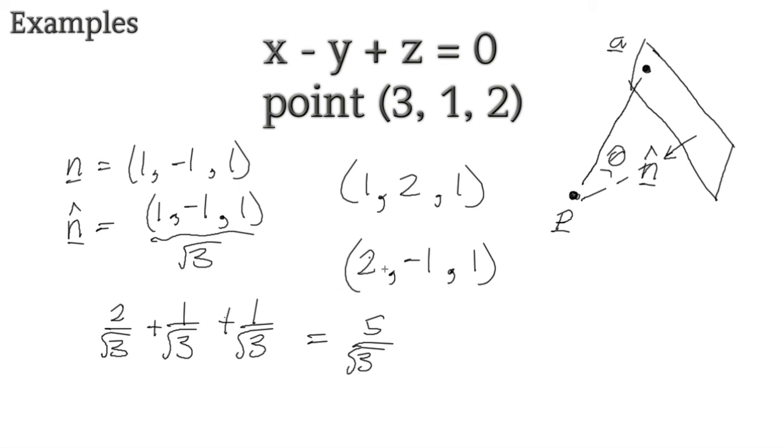Actually no, this is a 2 plus 1 plus 1, it's actually 4, I cannot add today. So it's a 4 on root 3. Apologize for the error, but yeah, so this will be the separation between the point and the plane.